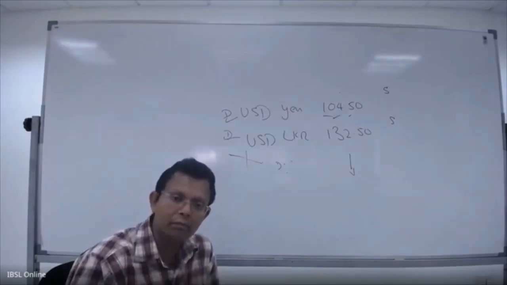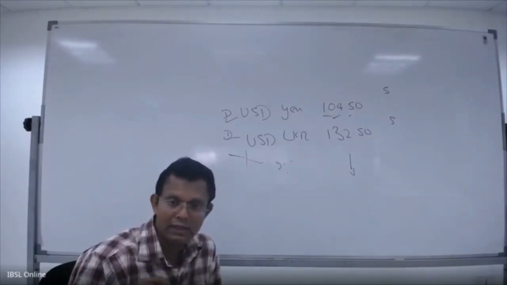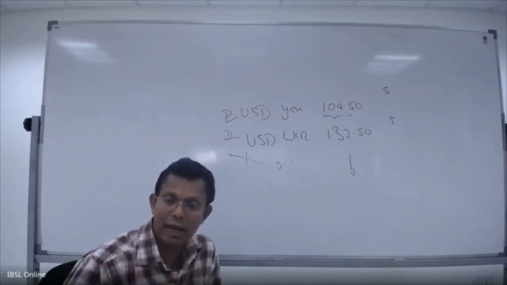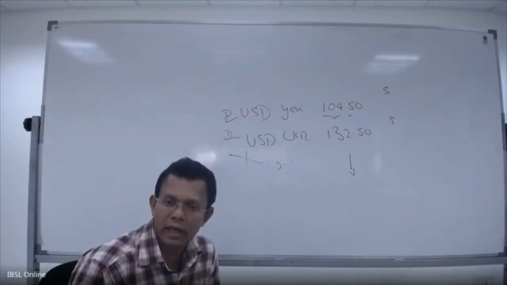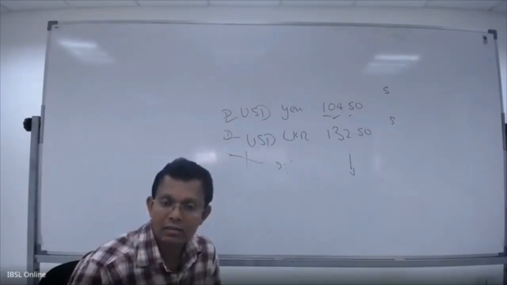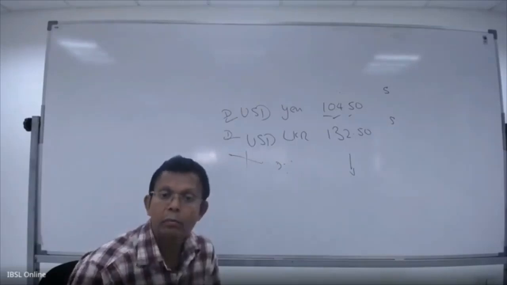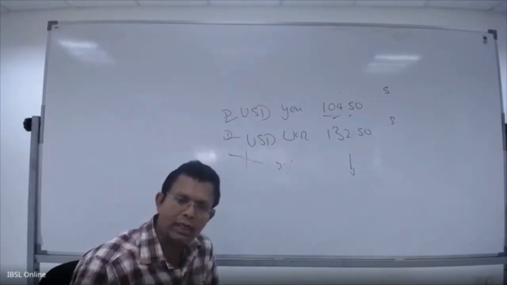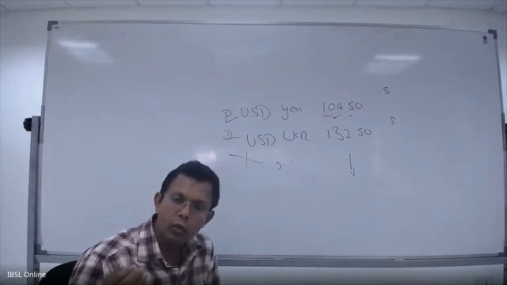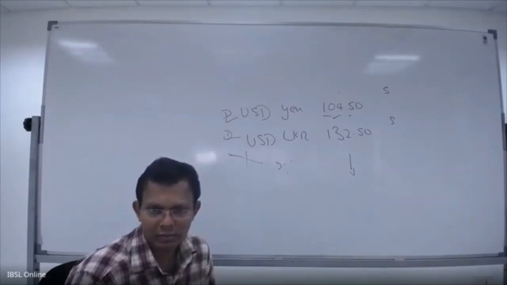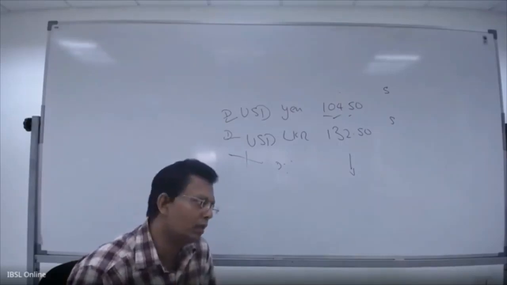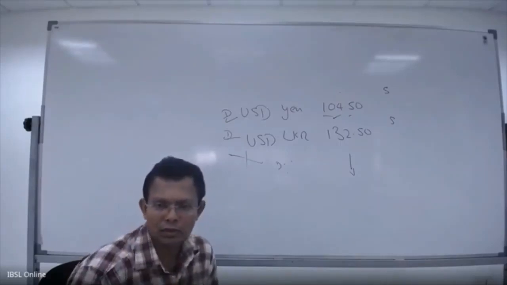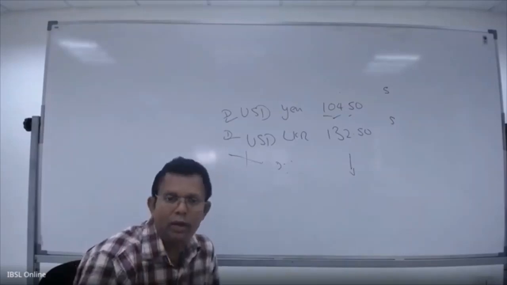Now in the exam, if the examiner says bank sells foreign exchange, that is demand. You sell foreign exchange to whom? Importers. So the demand comes from importers. Supplies are the exporters.